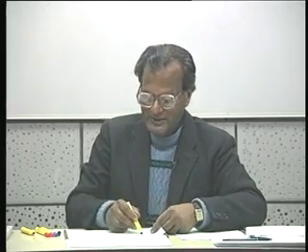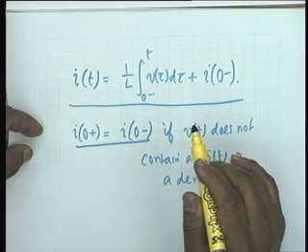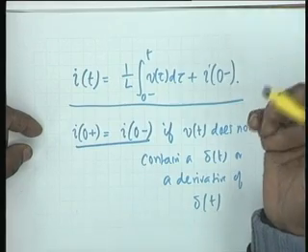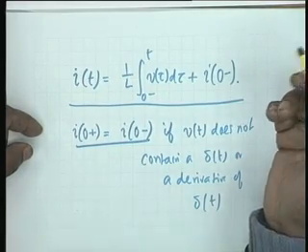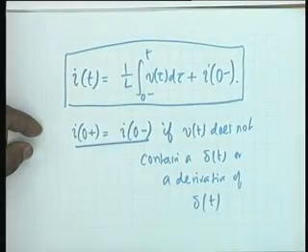If you look at this relation once more, and suppose we want to be general, that is, we want to admit the possible existence of an impulse or its derivative, then you have to use this total relation.